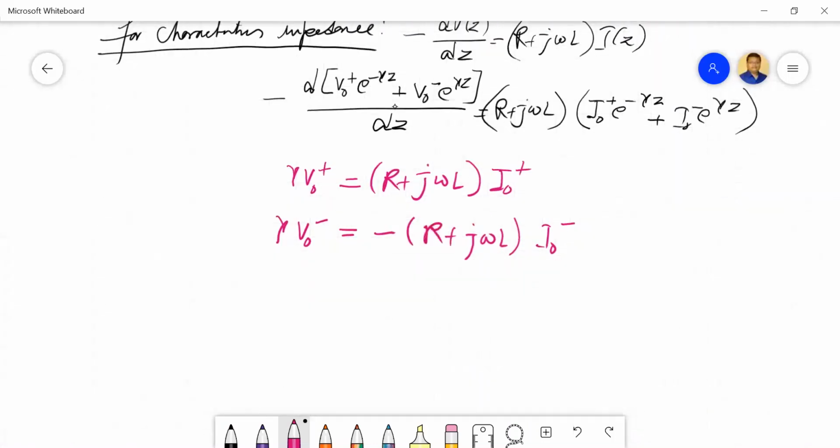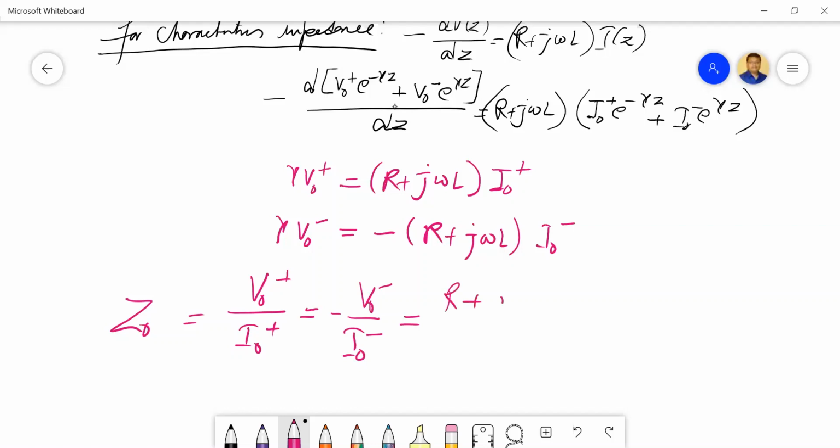What we compared were the coefficients of e to the power minus gamma z and e to the power gamma z. If you divide these, the definition is V naught plus divided by I naught plus, or V naught minus divided by I naught minus. What is this? This is your characteristic impedance Z naught. So it is better to write this as R plus j omega L divided by gamma.